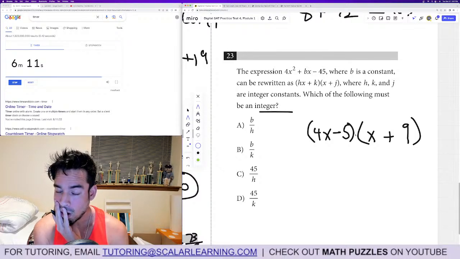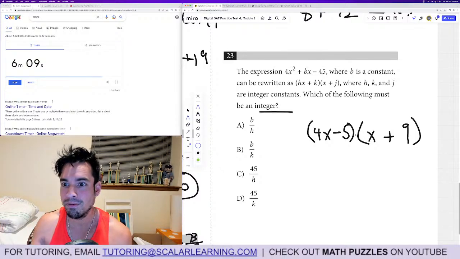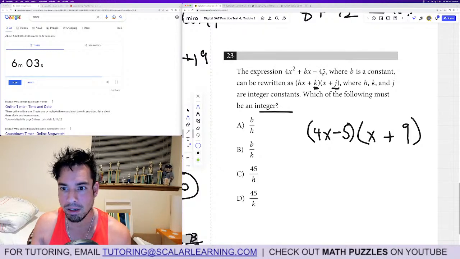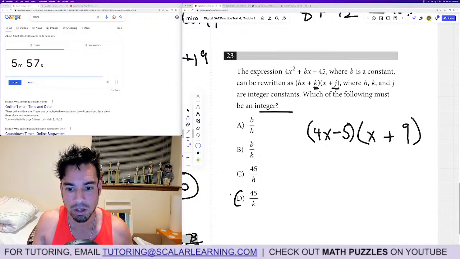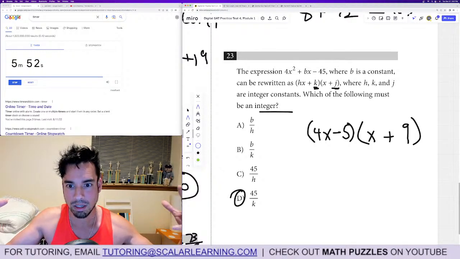Oh, I get it. It's got to be 45 over k, because k times j gives you 45. And so it's either 45 over j or 45 over k, but they don't have 45 over j, because then they'd have two answers. So it's 45 over k. Yes, that's going to give you an integer, positive or negative, it doesn't matter.